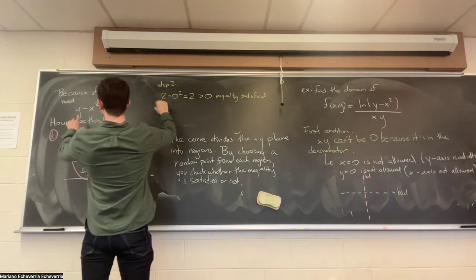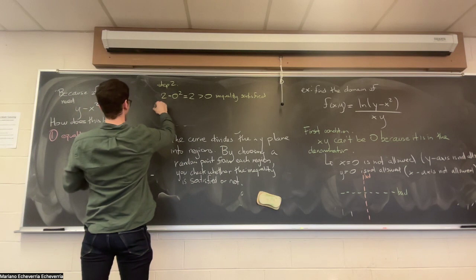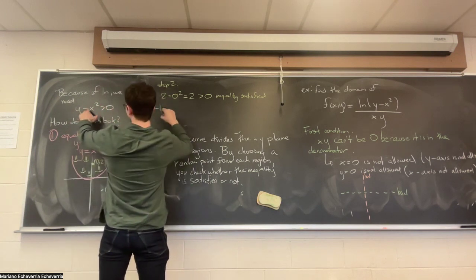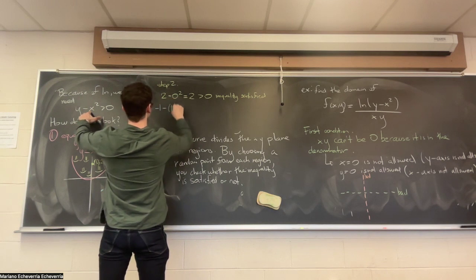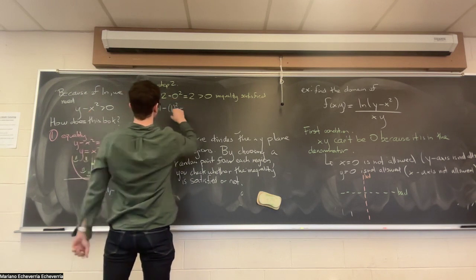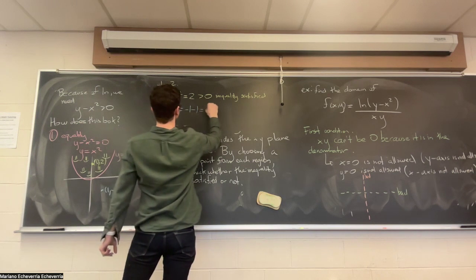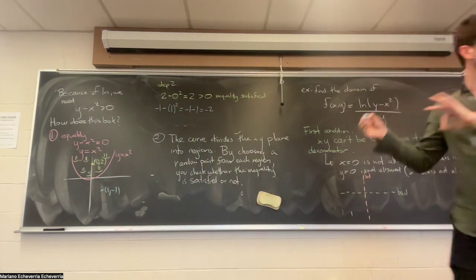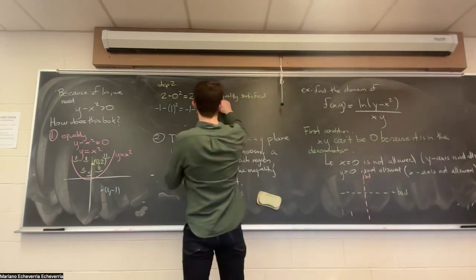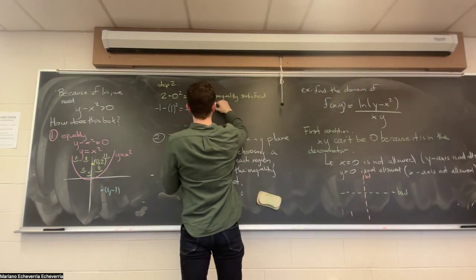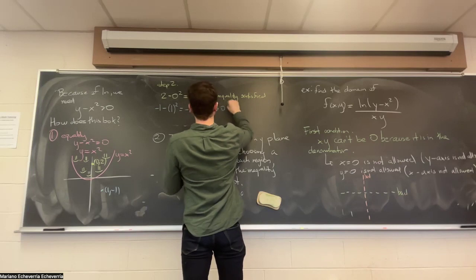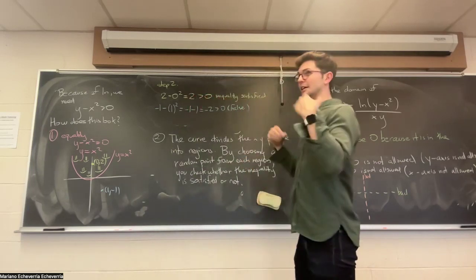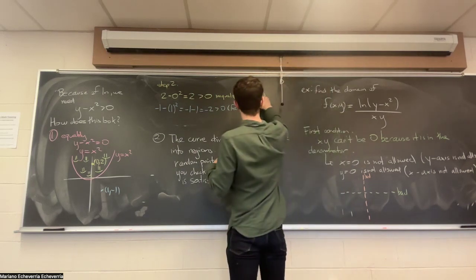So now y is -1, and then you have to subtract 1 squared, and that gives you -1, -1, so that's -2. And that's clearly not positive, right? So this violates the inequality. It's not true that -2 is greater than 0, so it is not satisfied.